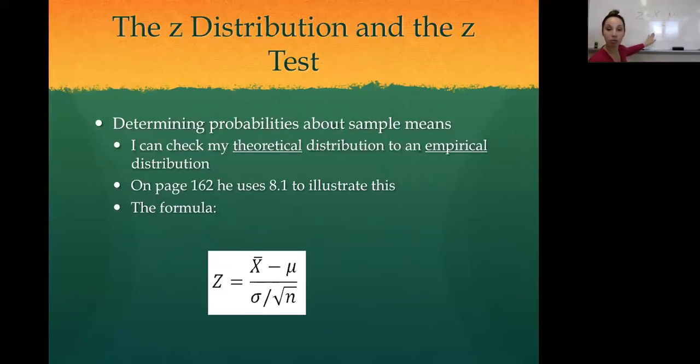So that's when we're working with raw scores. However, when we're working with sampling distributions, we've got a sample mean, we have a population mean, and we have a standard error. So those are the pieces of the z formula when we are working with sampling distributions. And we can find out the probabilities of certain events happening because we have our theoretical and empirical distributions overlapping one another.